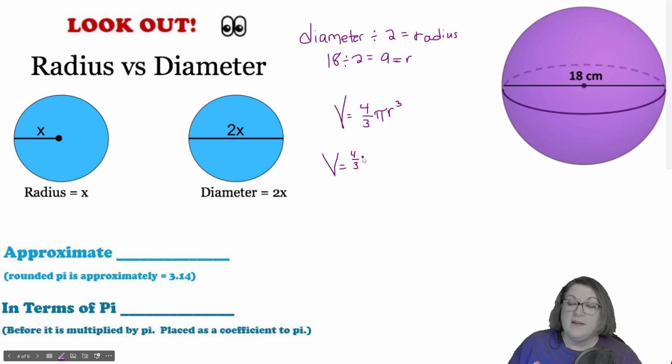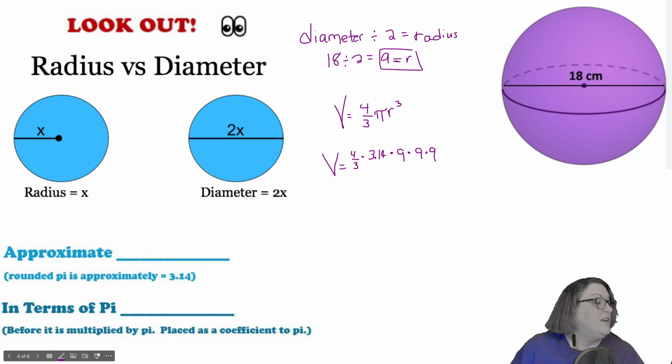We're going to multiply that times pi, which is 3.14 when we approximate pi, rounding it to the nearest hundredth. And then we're going to multiply that times the radius, which is 9. So it's going to be 9 cubed, so that's 3 of them: 9 times 9 times 9. All right, let's plug that into our Desmos over here.